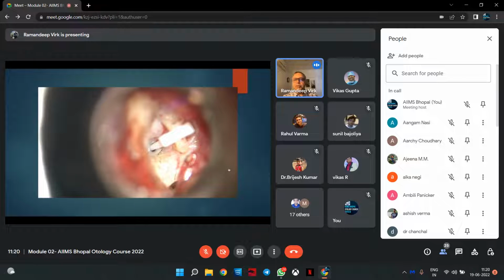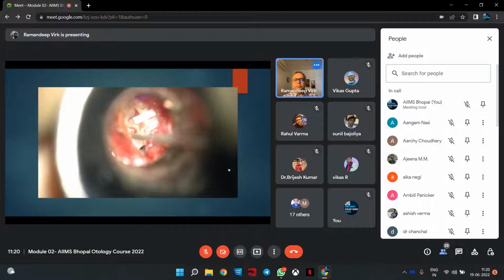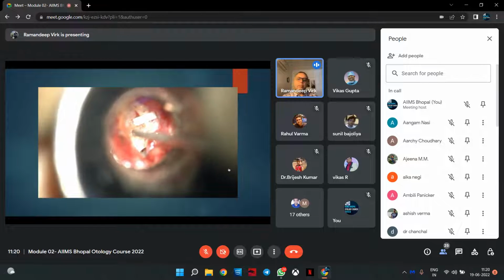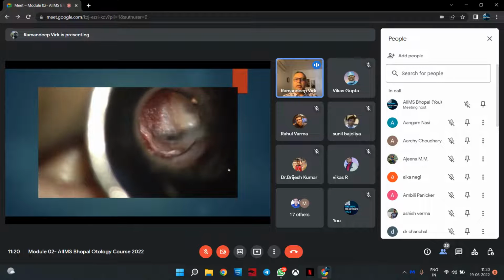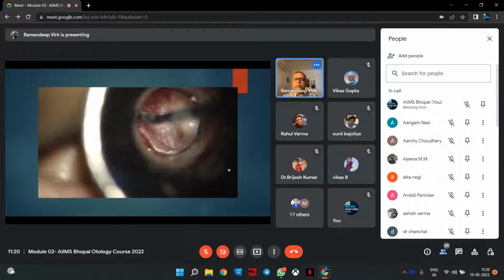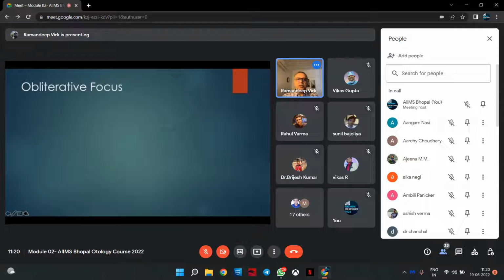So that completes the procedure. I don't remember why I put this small piece of fat there, because normally we don't. Or maybe it was just to seal off the previous fenestra which could be around that area. And the same tympanomeatal flap is reposited back and a piece of gel foam is put.